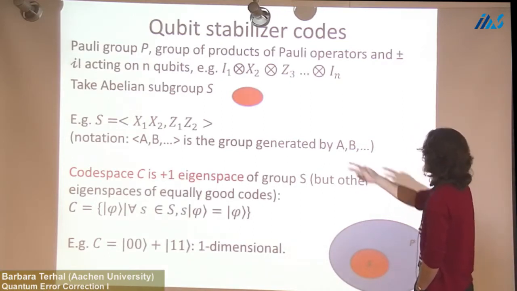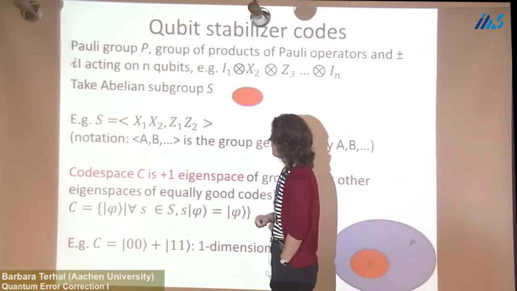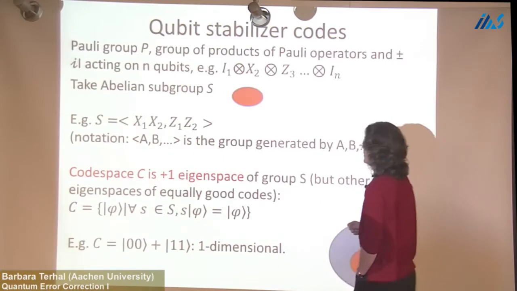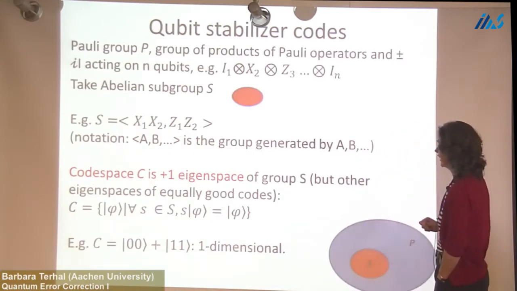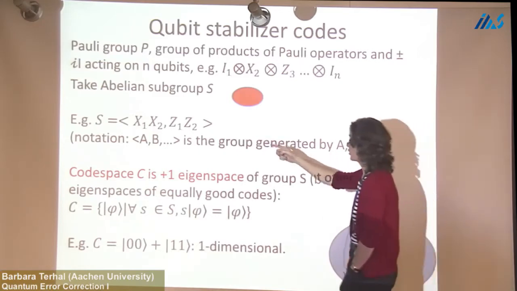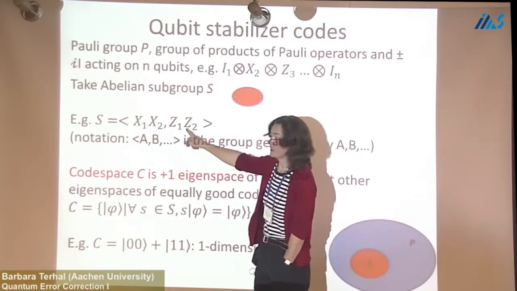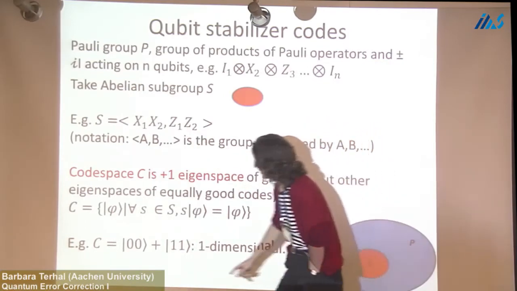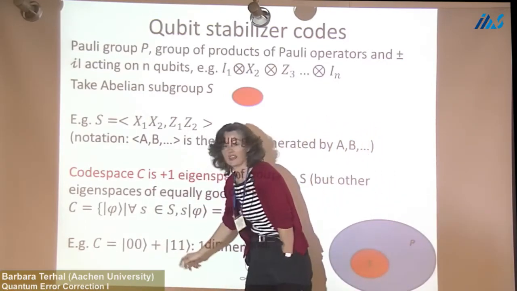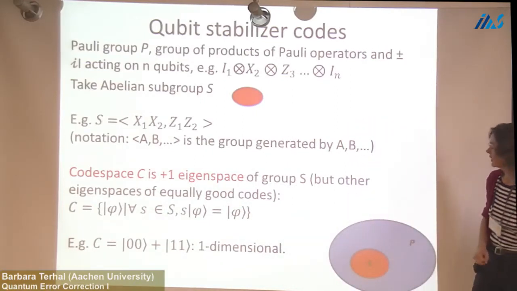So let's take an example where I take this group. What are the vectors that are stabilized by these group elements? For example, if I only look at this element, this vector 0, 0 or that vector 1, 1 are +1 eigenvectors, right?